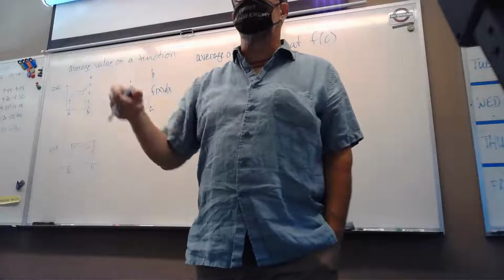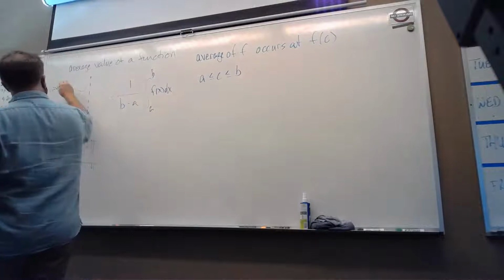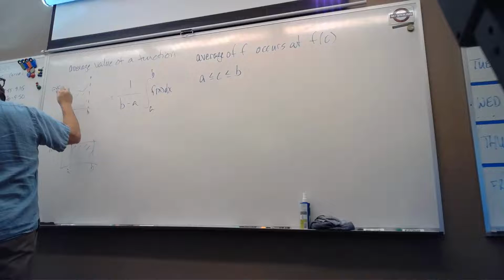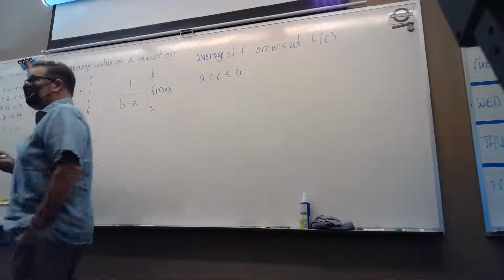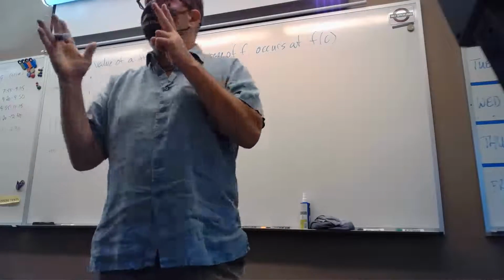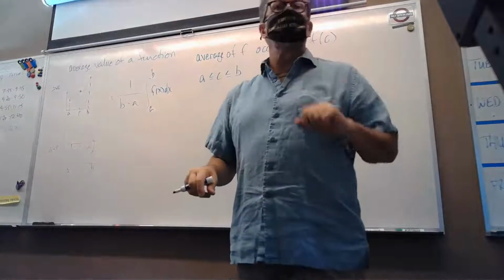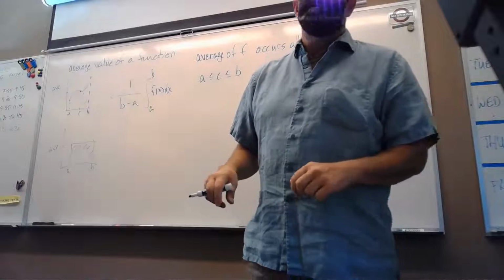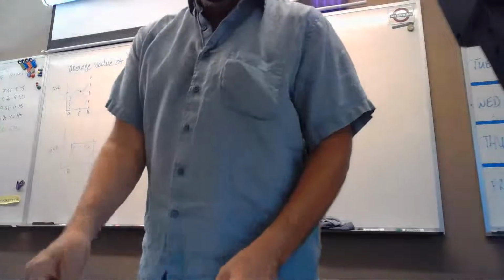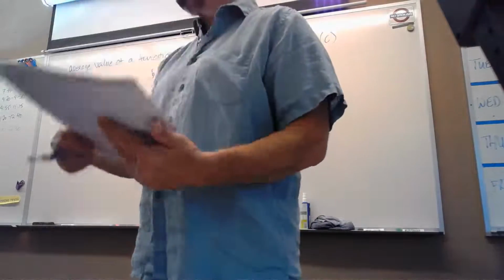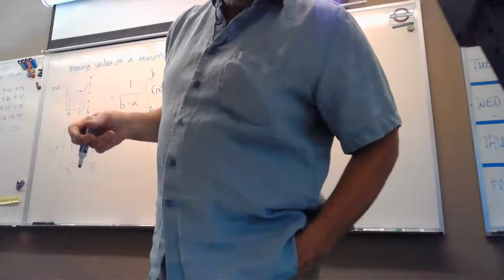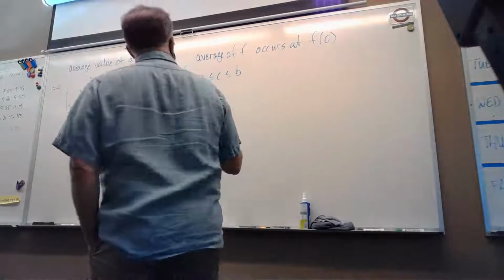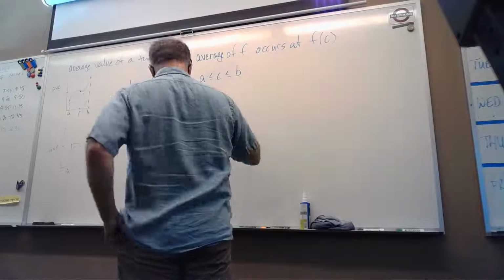Both the examples that we did, the average value of the function occurred somewhere in that interval. Not coincidence. The average value of a function has to occur in the interval that you're calculating. This is called the mean value theorem of definite intervals.